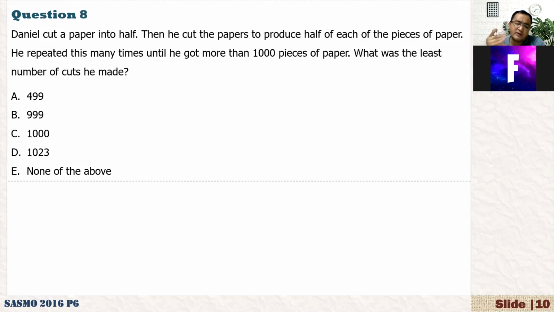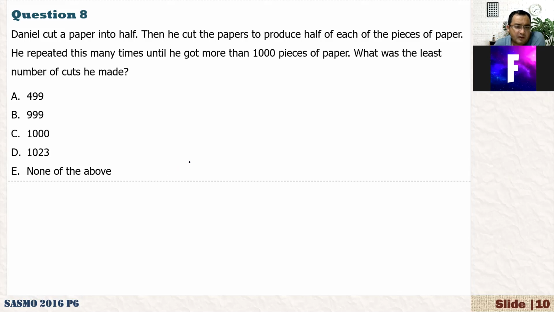Cut them together again. Now we have 16 pieces, 32, 64, 128 pieces. So if you continue doing this, what was the least number of cuts he made?